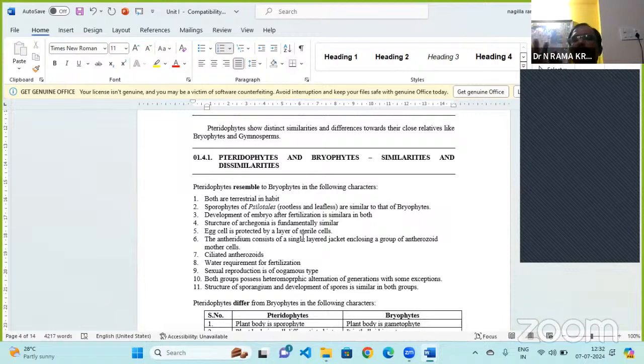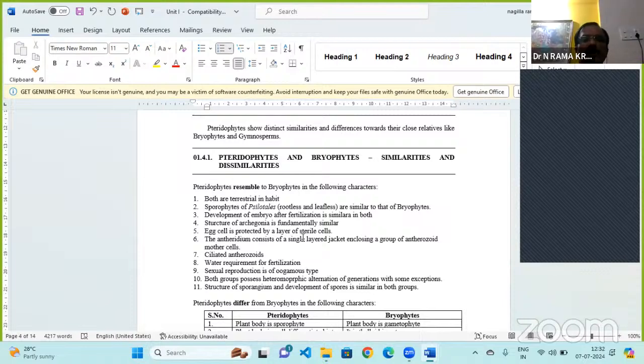Whatever structure you study in bryophytes, the same type of structure you also study in this group. Next, the development of the embryo after fertilization is similar, and antheridia and archegonia are there in both.